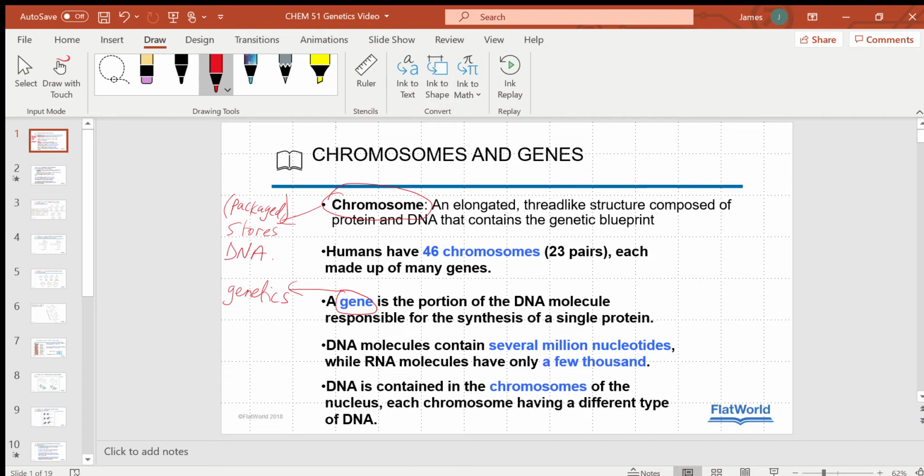So not 100% of DNA is genes. You know, there are some parts of DNA that have no genetic function. So DNA and genes are not the same thing.